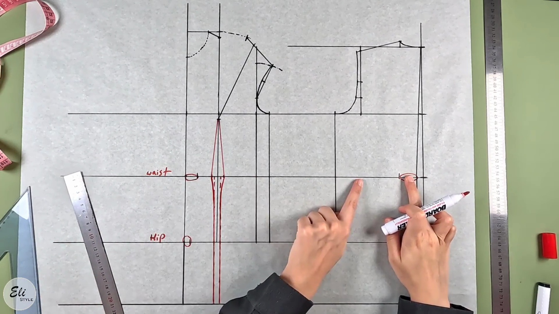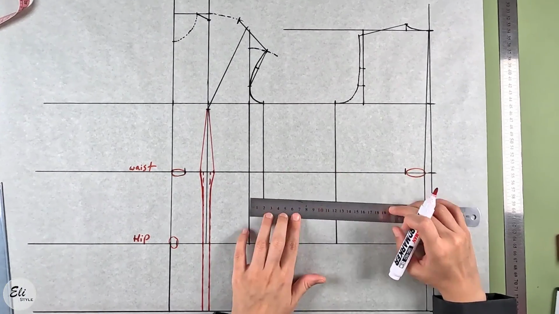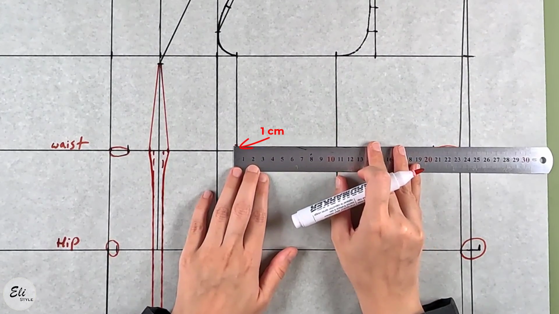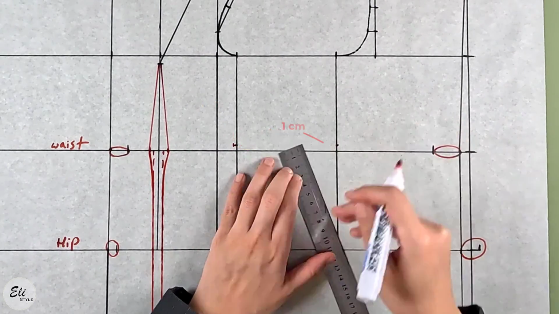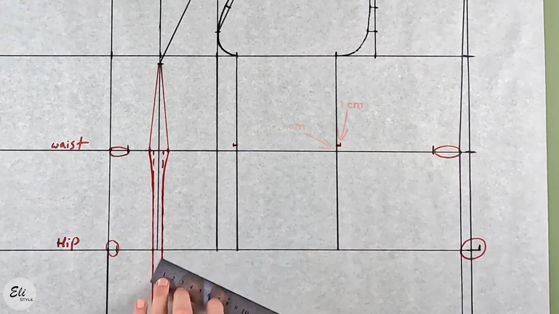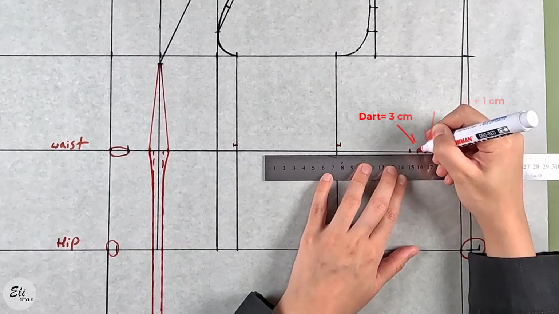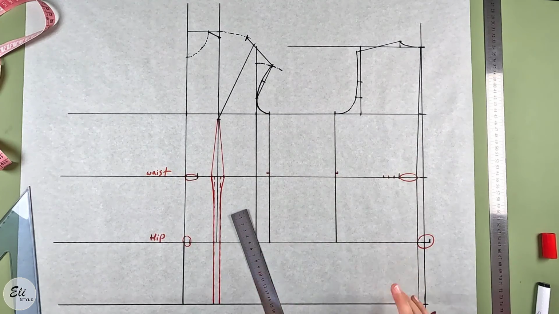Distribute the extra amount on the back waistline between the side seam curve and the back dart. Complete the side seam and back dart.